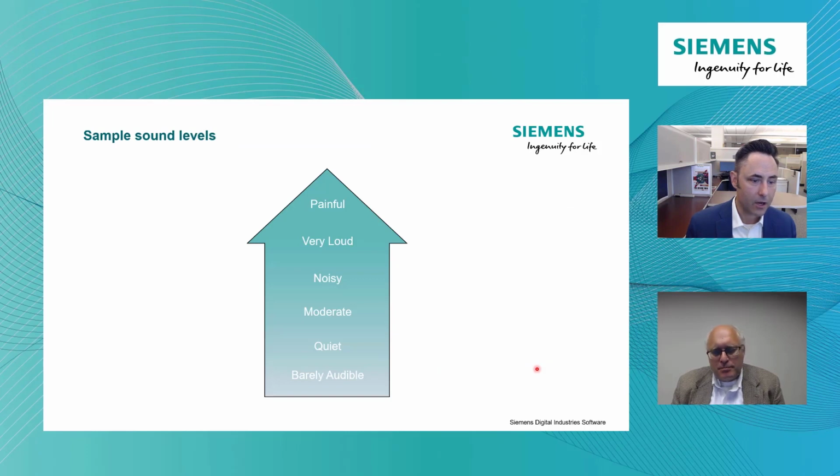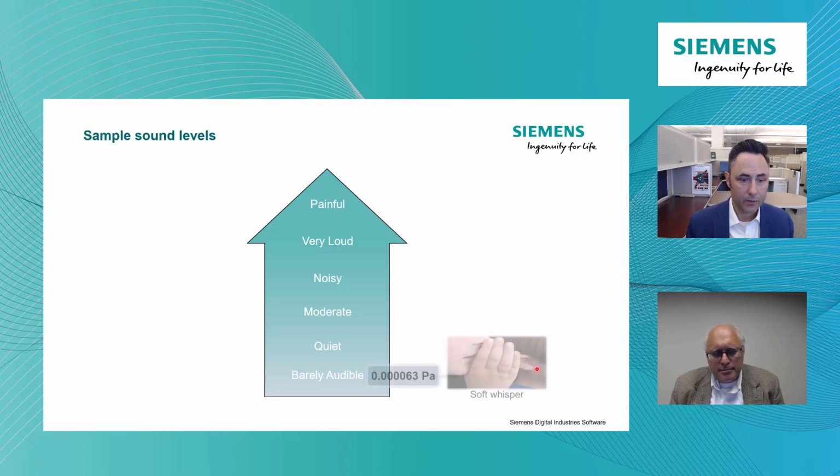If we look at the audible range of sounds for the human being, from something so quiet we can barely hear it all the way up to something so loud that it's painful to listen to, and we look at those measurements in terms of pressure, the unit we'd measure with a microphone, we see that something barely audible is 0.000063 pascals. Someone whispering in your ear, very, very small pressure fluctuations.